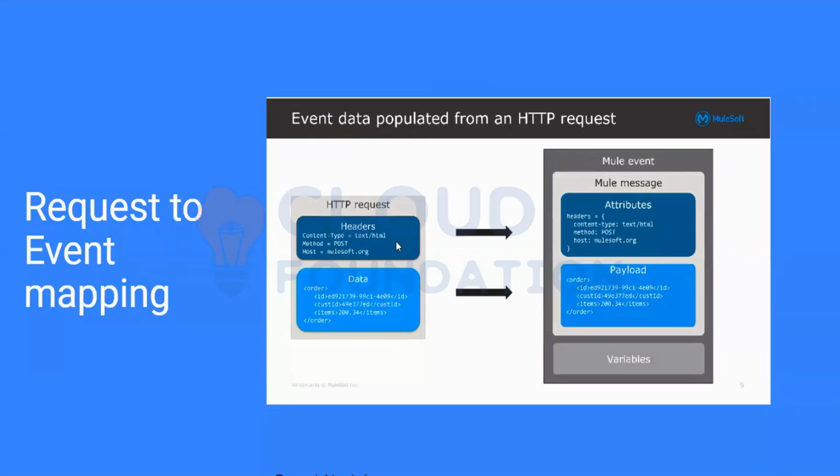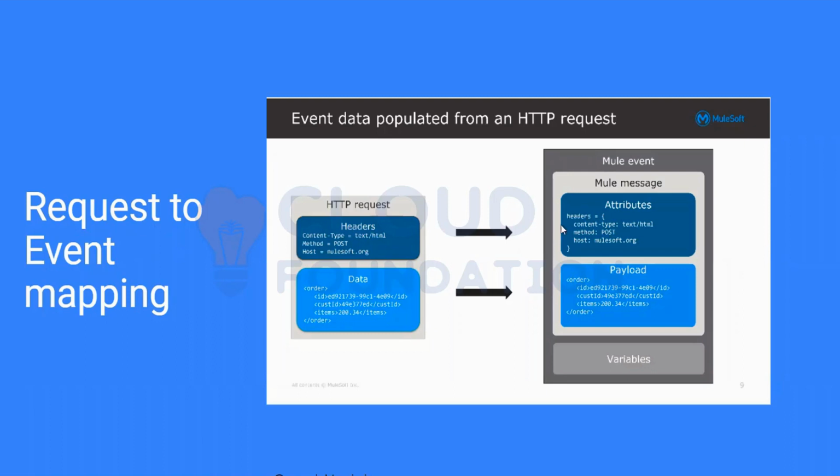Whatever header things there are will go to the attributes section. The header is the attributes. So what the Mule listener does is take the header from the HTTP request or incoming request and put that header section into the attributes section in the Mule event. It copies the headers to attributes.